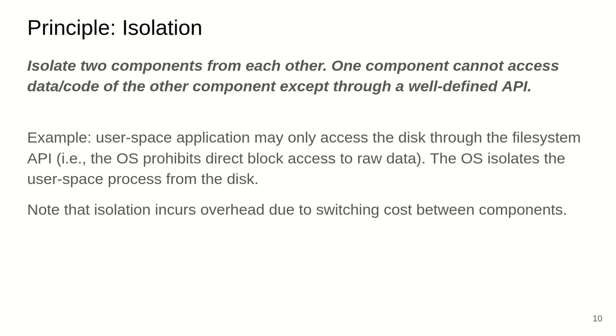The operating system therefore isolates the user space process from the disk, but still provides access to data on the disk for long-term storage. Note that isolation incurs overhead due to switching costs between, for example, the user space application and the operating system kernel. So this comes at a cost, right?